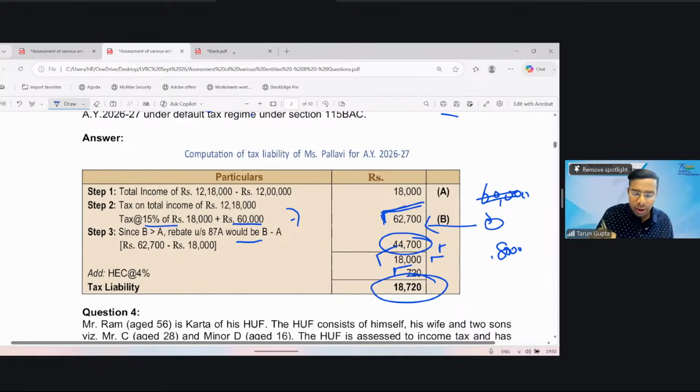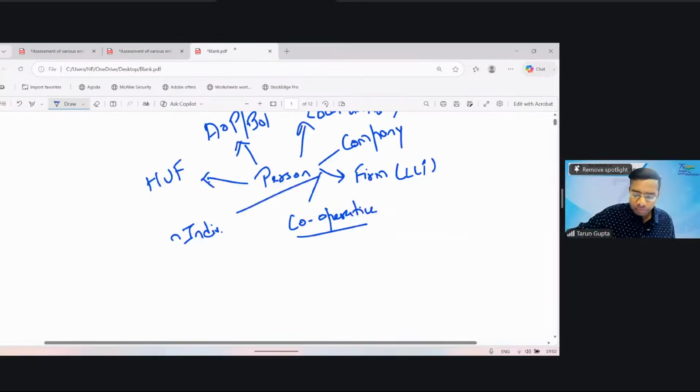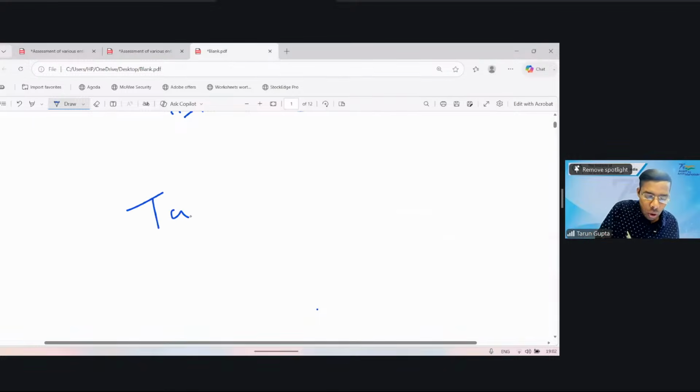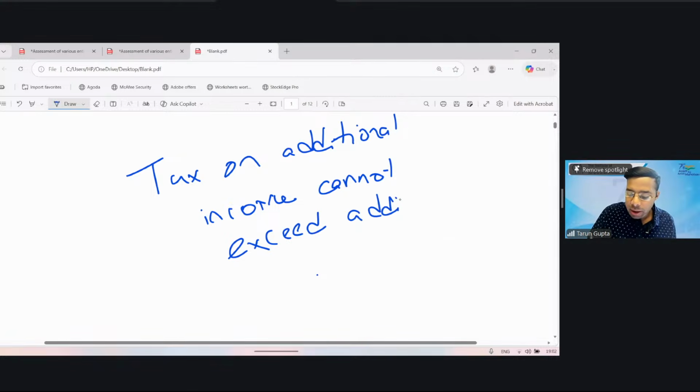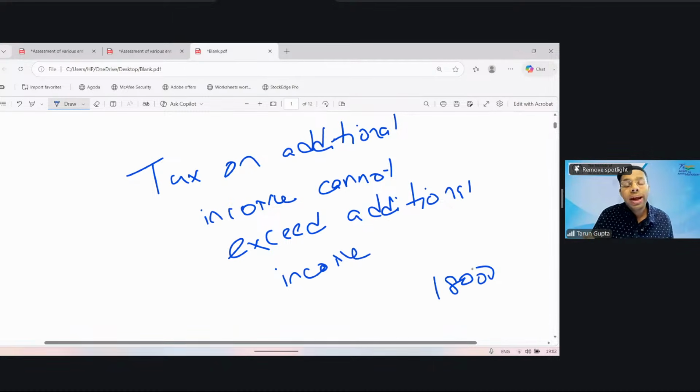So how do we compute rebate? Tax on additional income cannot exceed additional income. Meaning thereby, in this example, my additional income was 18,000, 12 lakh 18,000 minus 12 lakh, and additional tax was 62,700.